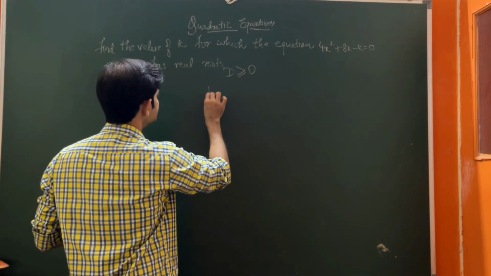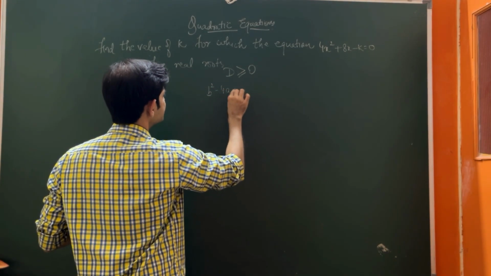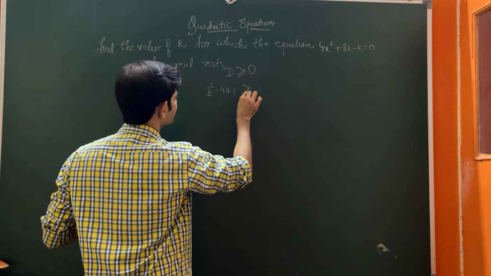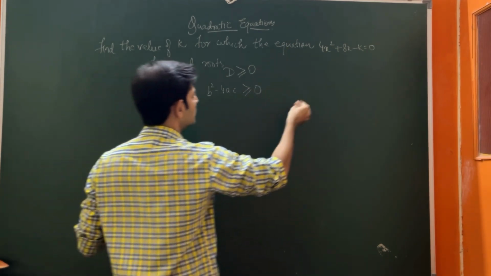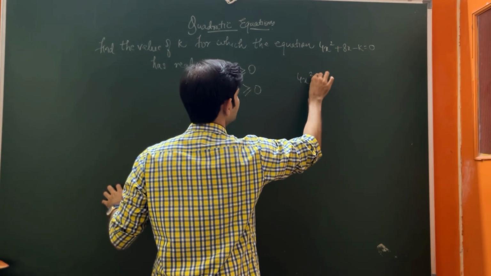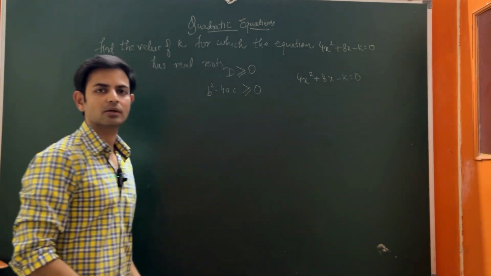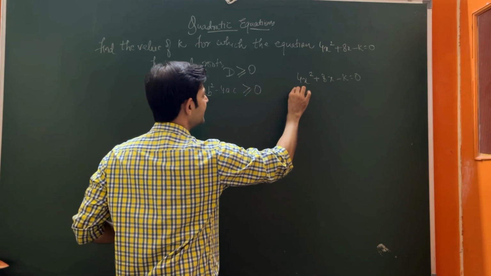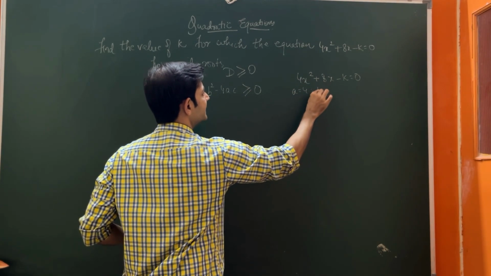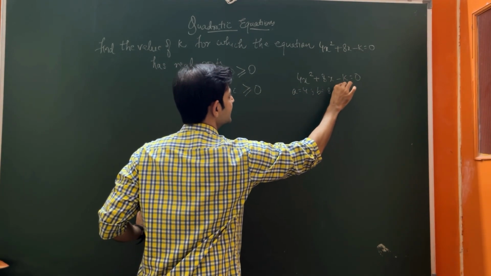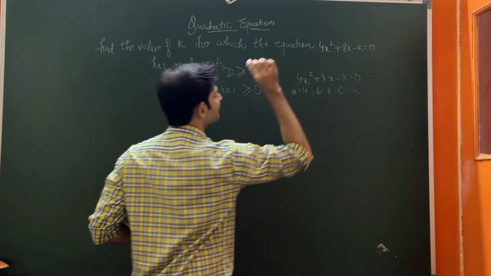Now D is b square minus 4ac, more than or equal to 0. Our equation is 4x square plus 8x minus k equal to 0. Here a is equal to 4, b is equal to 8 and c is equal to minus k.